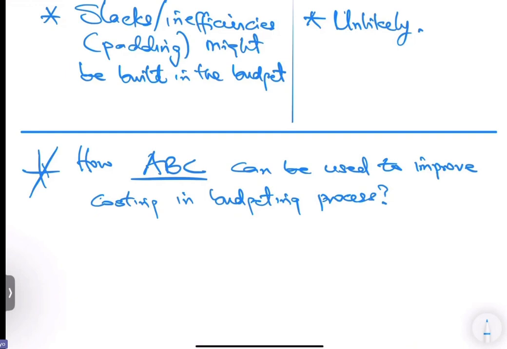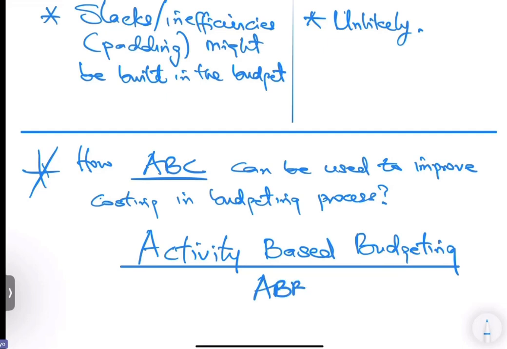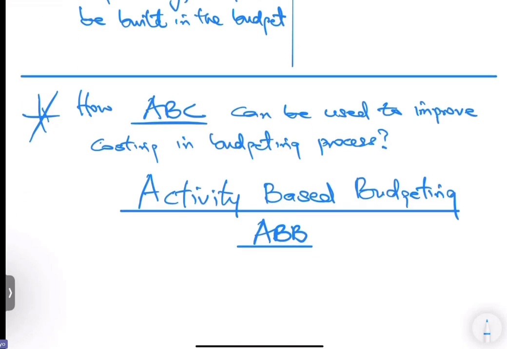And that is called activity-based budgeting, which is another form of budgeting, but nothing different from the budgeting types that you've learned. It's just that this is looking at a different approach, leveraging on your ABC approach. And like we said, what are those ABC approaches?